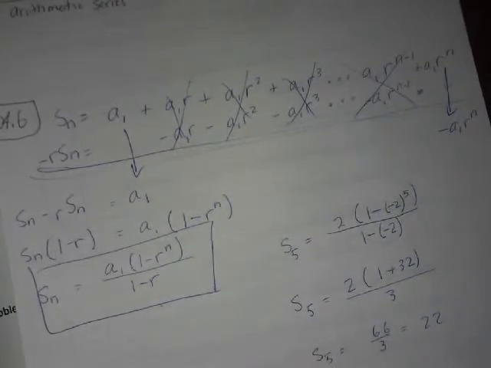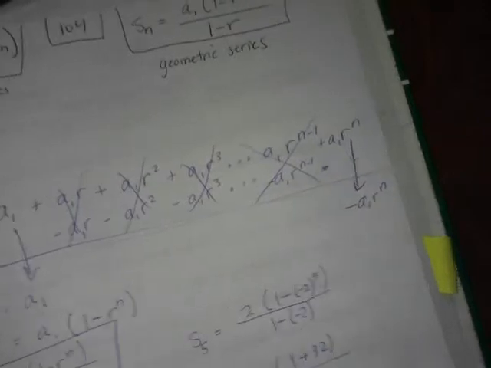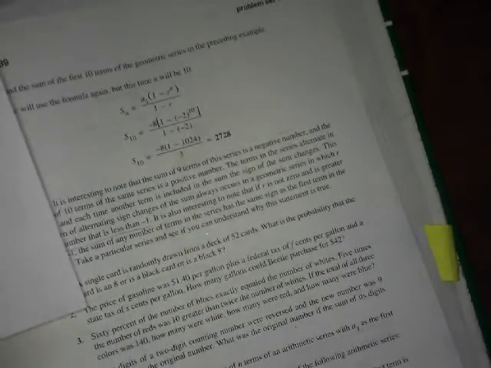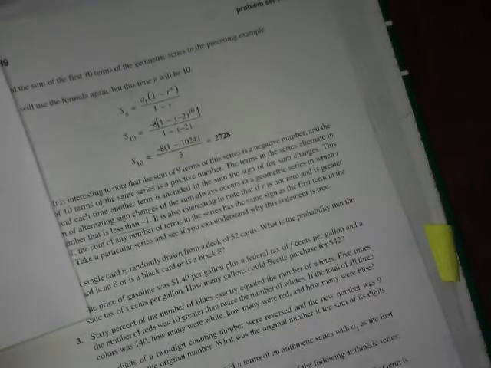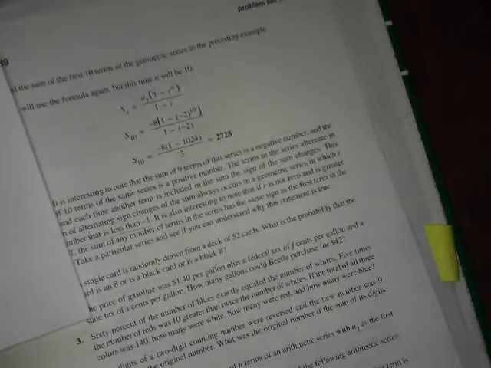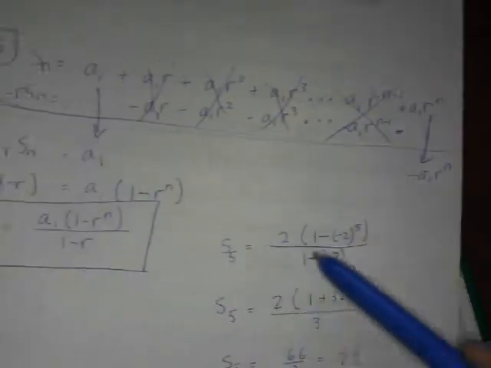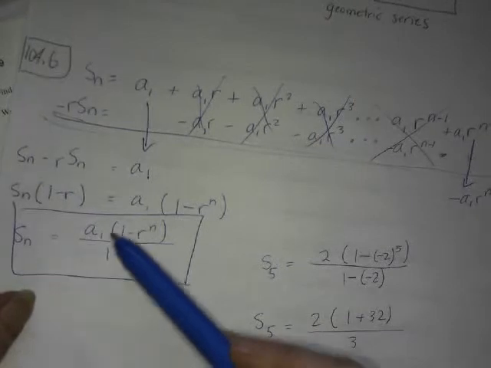And then it asked me a question. Using the formula developed in letter A, find the sum of the first 5 terms. So I stuck a 5 in for my n.